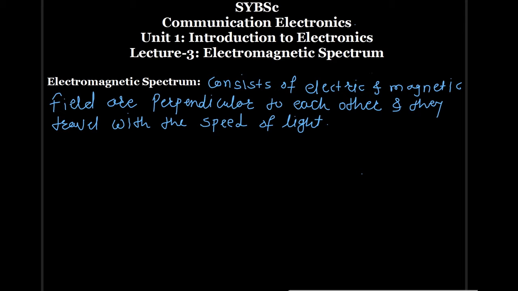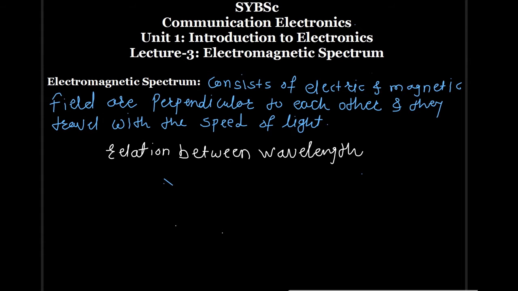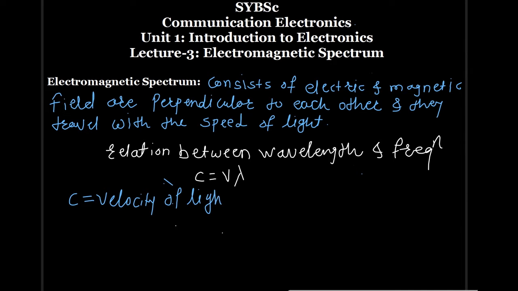The relation between wavelength and frequency is given by the expression C equals V lambda, where C is the velocity of light, V is the frequency, and lambda is the wavelength of the wave.